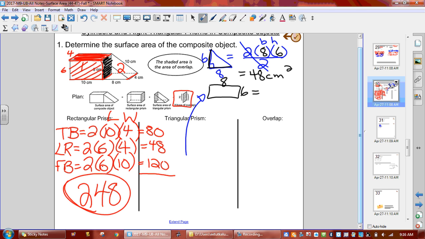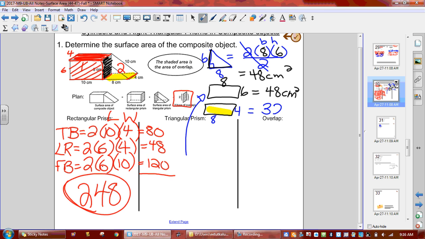centimeters squared. Then our next rectangle, we're going to do the one it's sitting on. We're going to color that one yellow. This is our yellow rectangle, and that's going to give us the numbers 8 and 4. And 8 times 4 is 32 centimeters squared.